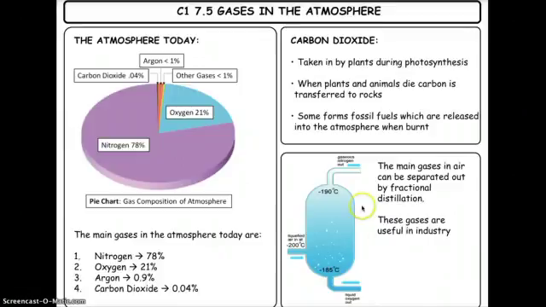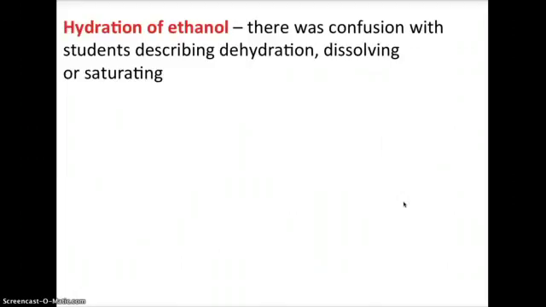If you're trying to work out what state something is in at a certain temperature, if you draw a number line and you put the temperature and the boiling points and the melting points and what state they're in either side of that boiling and melting point, and what temperature you're at, you can see it visually. And remember, with this you need to know the percentages, you need to know how the atmosphere evolved to the percentages that we have today, and you need to know the uses for the gases.